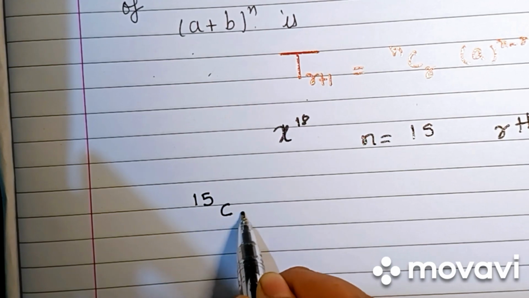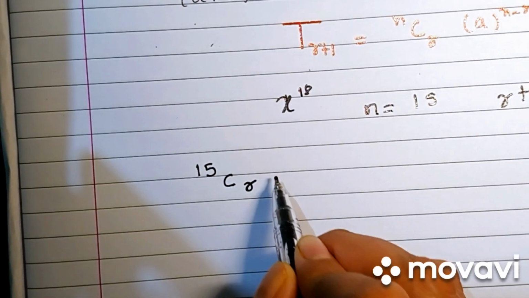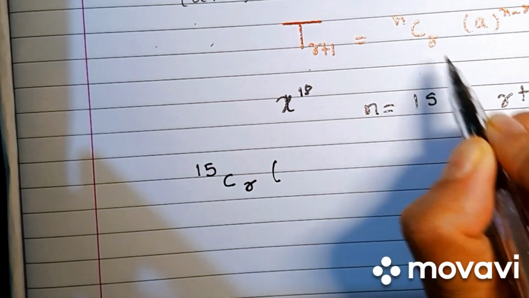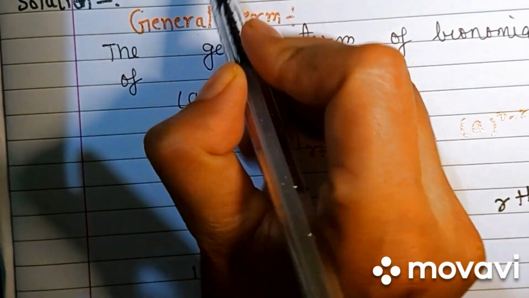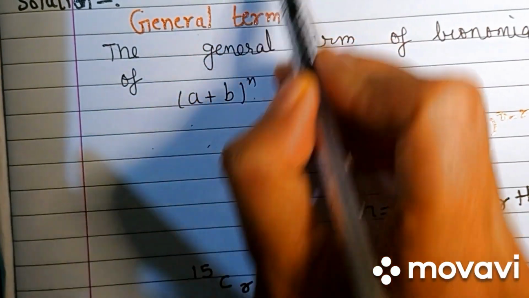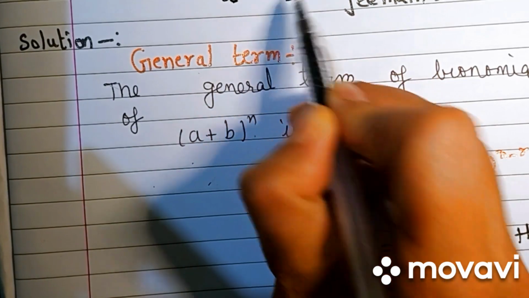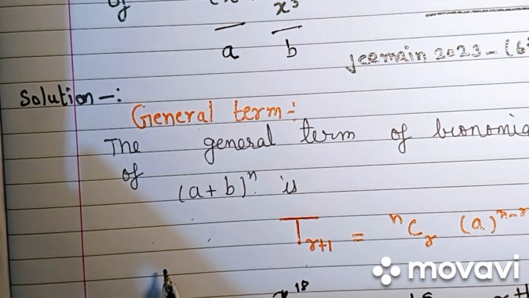The general term will be 15Cr. Here a is equal to x raised to 4 and b is equal to 1 upon x cube.